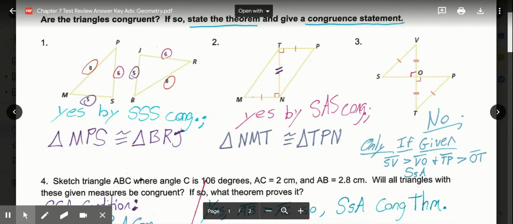So we do have a side-side-angle condition, but without knowing that TP is greater than TO or SV is greater than VO, we do not have enough information to say they're for sure congruent. So no, but if we were told this scenario, then we could use side-side-angle. But without knowing that, this answer would be no.